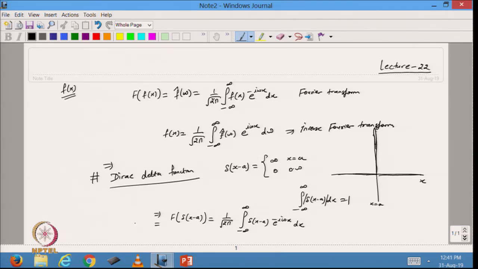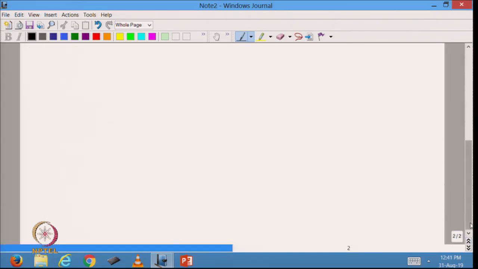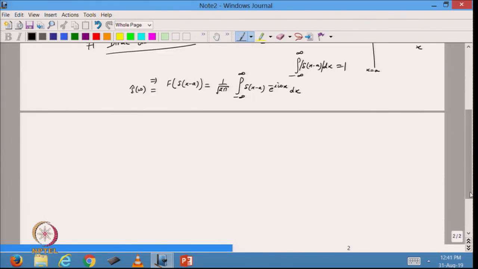I will write it as F(omega). Now, I know how to solve this type of integral.